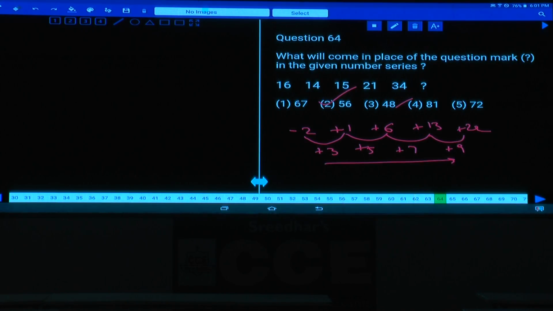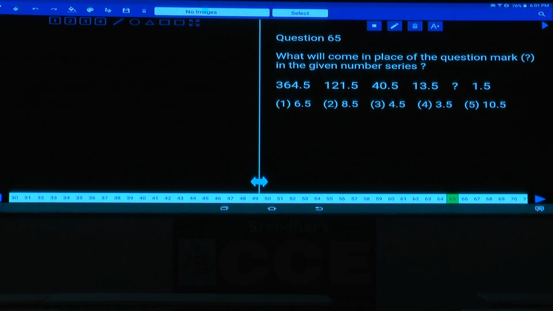Then question number 65. Now in this 65, 364.5 and 121.5. Tell me what is the difference here? The difference between the first two numbers. Now question number 65, the difference between these two is 243. Minus 243 is the difference.